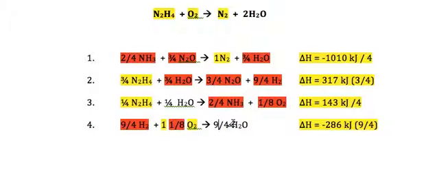So again, if we look at 9/4, that's really 2 and 1/4 water. 1/4 of that water is going to cross out with the 1/4 water on reaction 3. And the 2 waters that are left, these 2 waters right here in the 4th reaction, end up being the 2 waters we need in the overall.